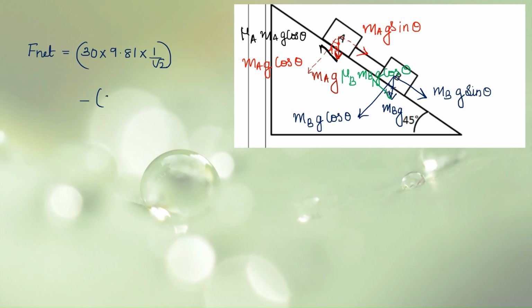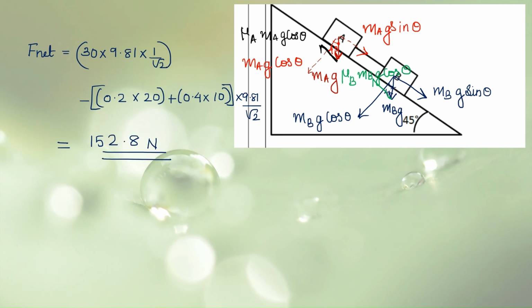Mu A is 0.2 and MA is 20, plus mu B is 0.4 and MB is 10, into g that is 9.81 into cos theta, that is 1 by root 2. You need to find this value, and the value is 152.8 Newton.